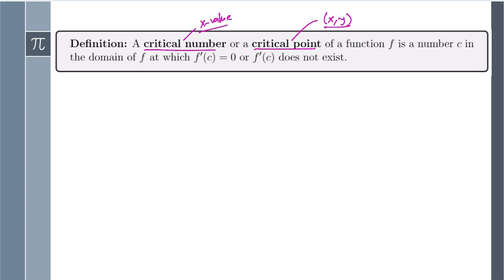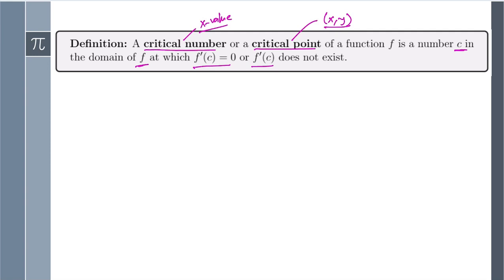So what is a critical number? It is the c or x value in the domain of the function at which the derivative is zero or the derivative does not exist. This gives us all the possible values where the absolute max or absolute min could occur.